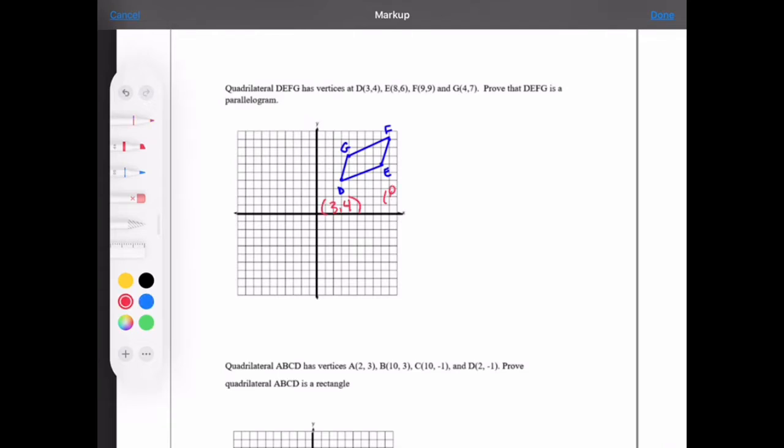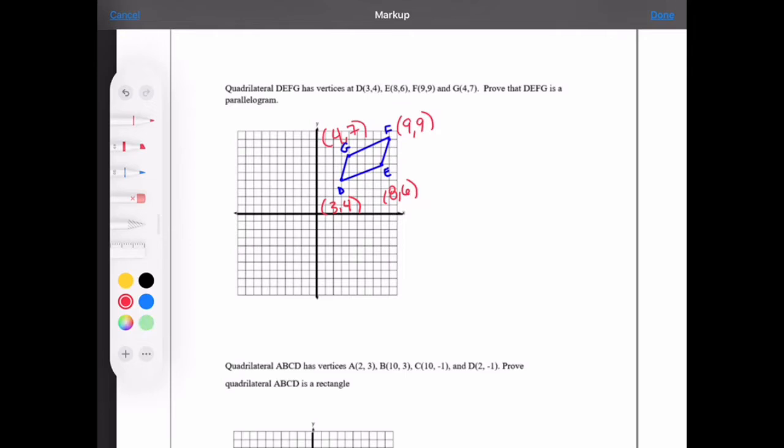E is 8, 6. F is 9, 9. And G is 4, 7. Alright. I am going to use the same method I did the last time. Midpoints, they're just easy, honestly. So whatever works for you, but this would be my suggestion.